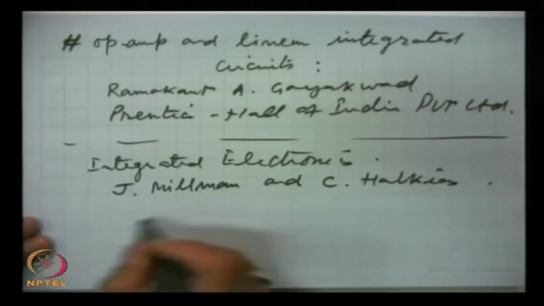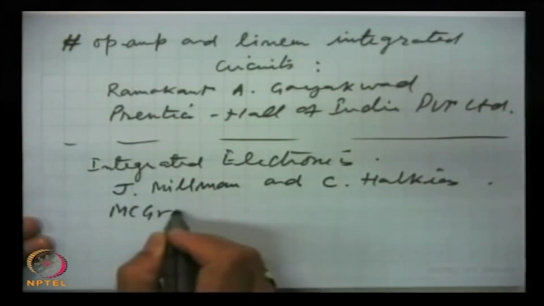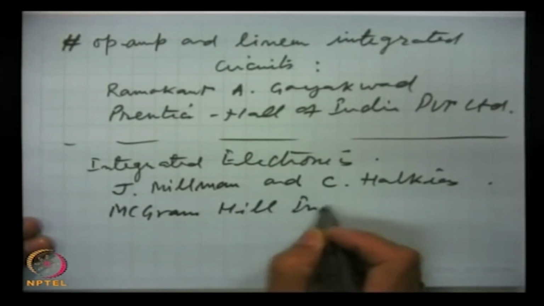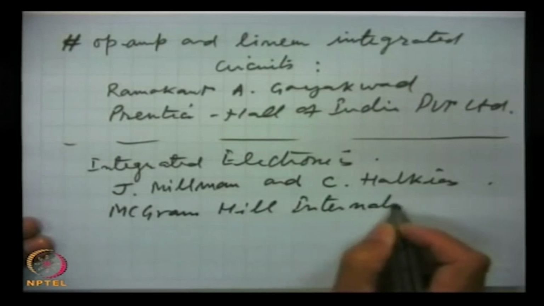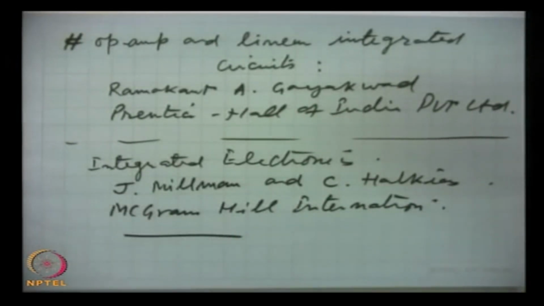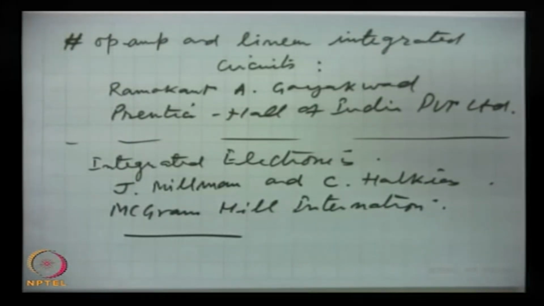This is a McGraw-Hill publication, McGraw-Hill International. So, as a reference book for any details you want to consult, this will be a nice book. Now, there is time for a few examples which I can take.